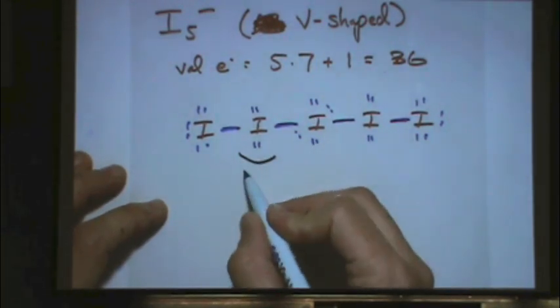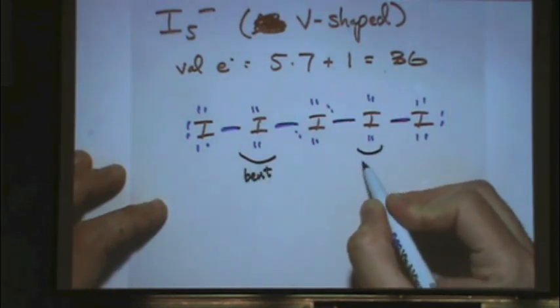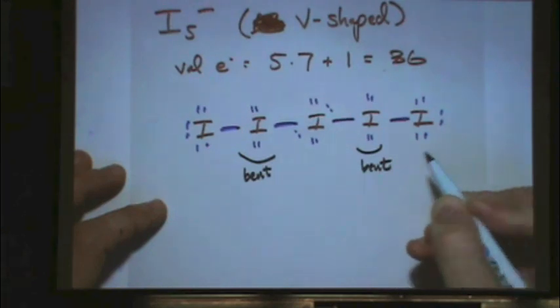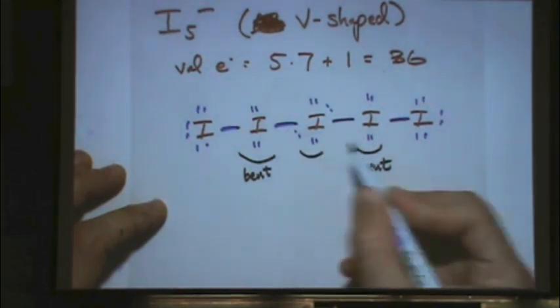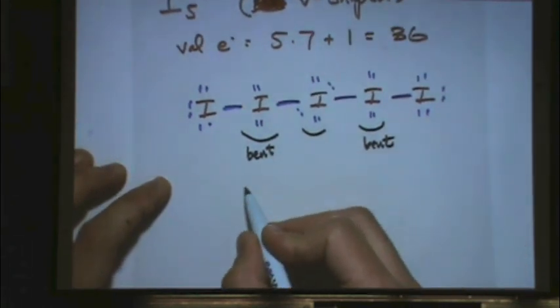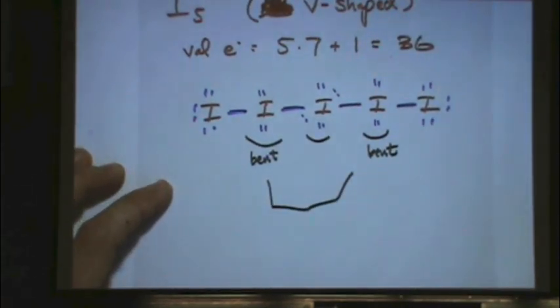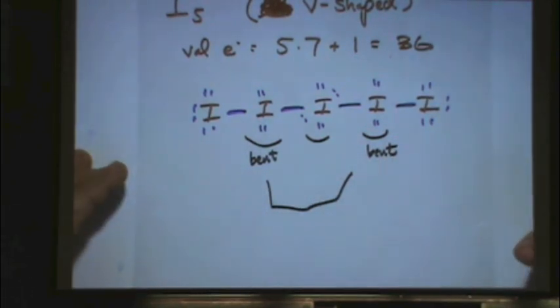Is that okay? So bent is the molecular geometry. This one you'll notice doesn't even really exist in our VSEPR table, but that would make this structure look something like this. That does not look like a V to me. So this cannot be the correct structure.